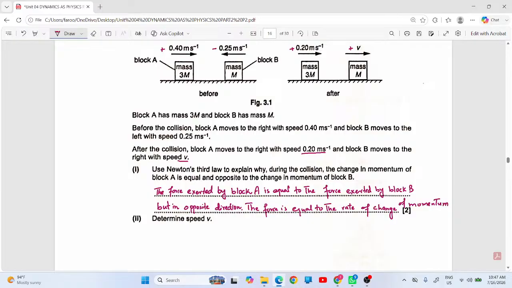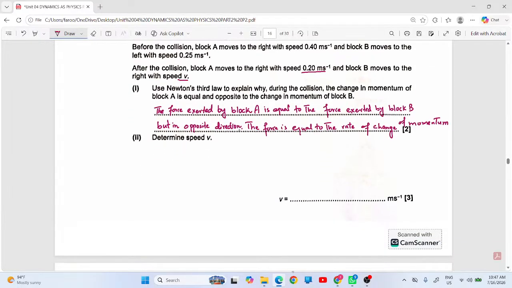Force is rate of change of momentum and the time interval for which both are in contact are also equal. तो पीछे आंसर देखना जरा.